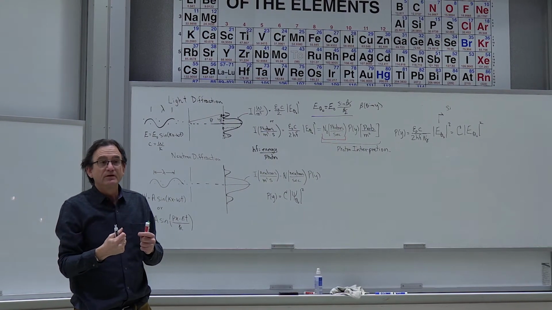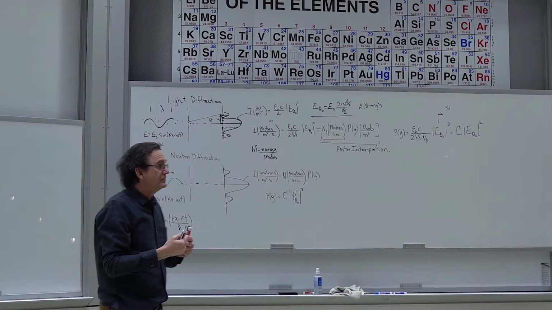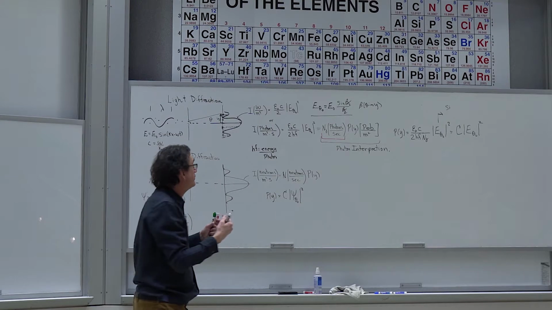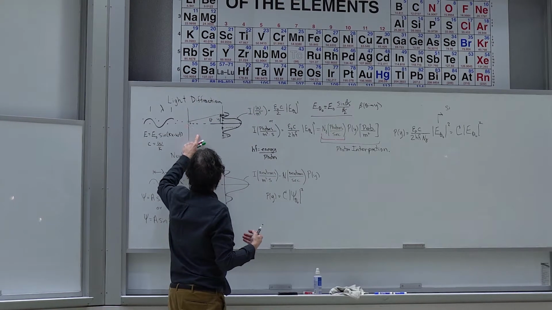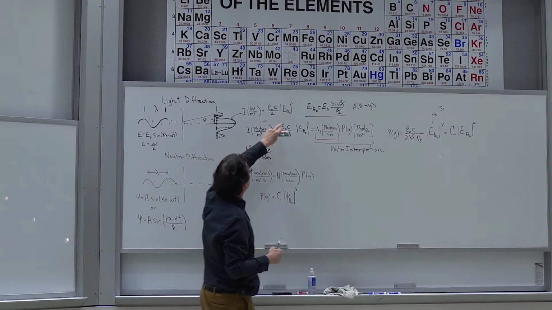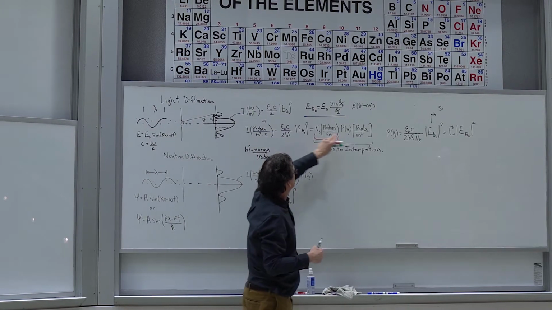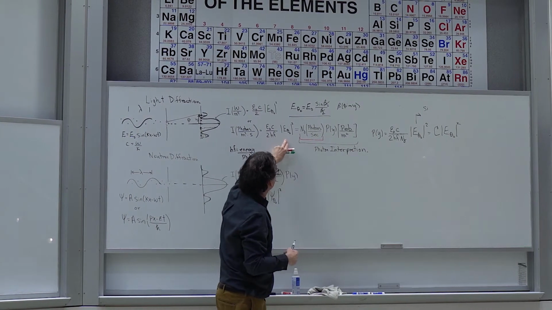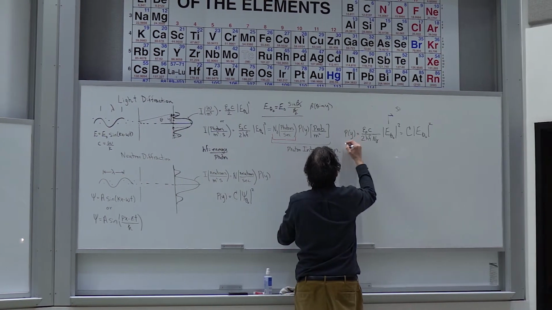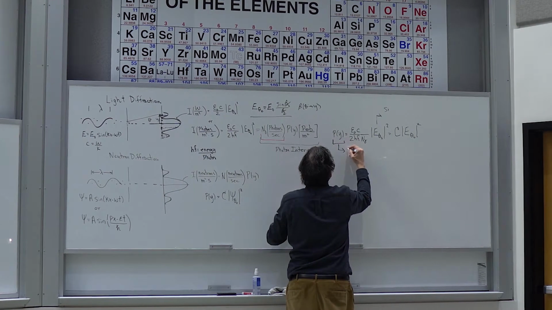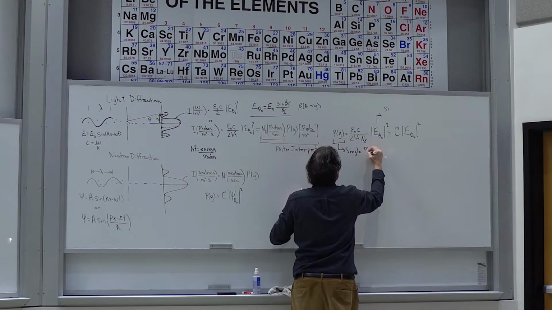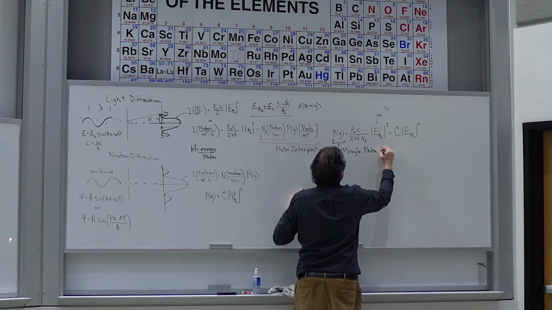That's an important thing to keep in mind, and it comes out of the photon interpretation of the electromagnetic wave. These two are equal, I solve for the probability, and this is a single photon probability function.